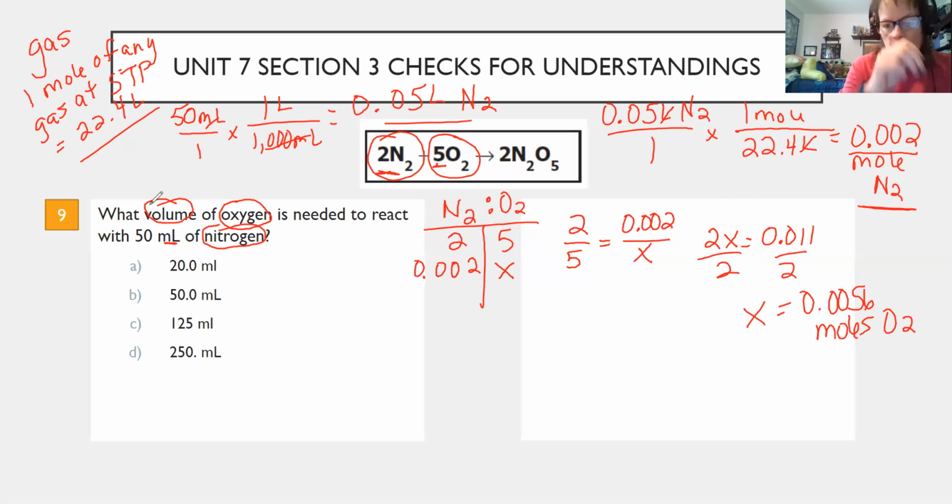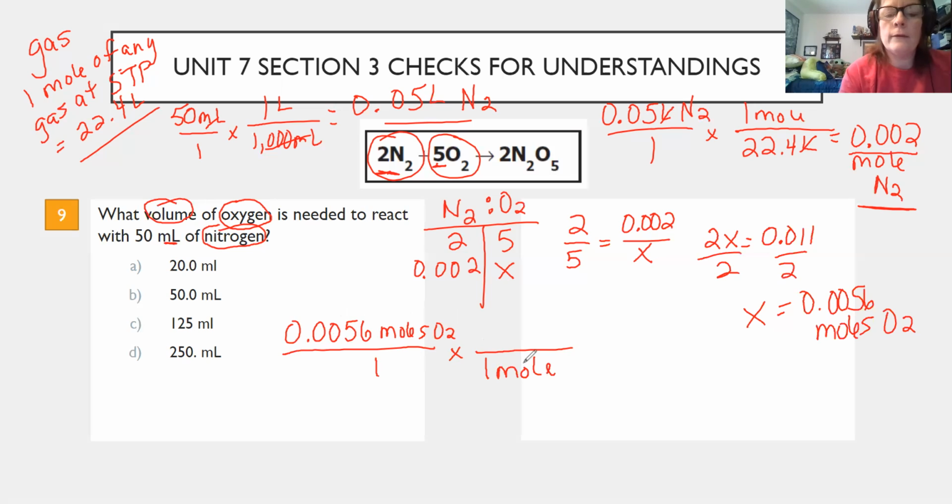We know how many moles we have, but we need the volume, so we have to convert this back to liters. We take our 0.0056 moles of O2, and any mole of any gas at standard temperature and pressure is equal to 22.4 liters. Cancel out our moles, and you should end up with 0.125 liters. But this problem throws another monkey wrench in because they want it in milliliters.